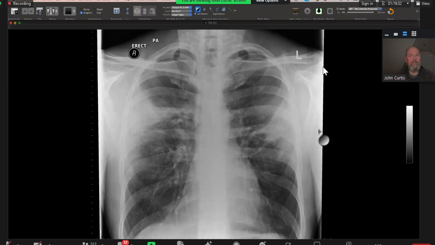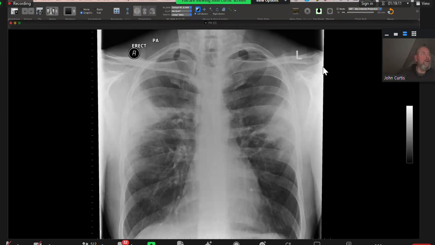And I can't see anything else apart from that that's jumping at me. So this is a case of mid to upper zone peripheral consolidative changes. This could be keeping with peripheral eosinophilic pneumonia as one of my differentials.